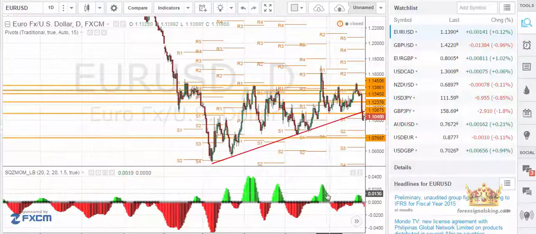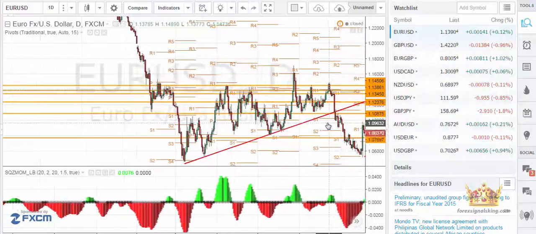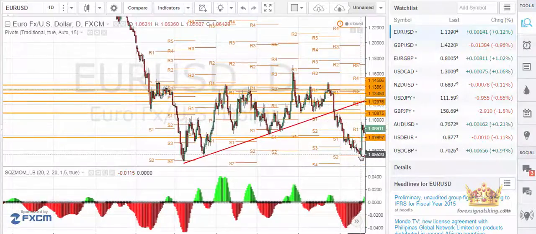So as you can see, at this point, when this triangle, or as we're trying to call it a wedge, the base was extremely big, then it tried to tighten, to go narrower and narrower, and at this point it broke all the way down.